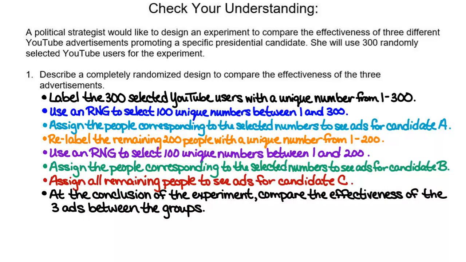At the conclusion of the experiment, whatever that happens to be, compare the effectiveness of the 3 ads between the groups. With the description they gave me up above, I don't know exactly what they're using to evaluate the effectiveness. Typically, we're going to be told what they're using to evaluate the effectiveness with, and we would want to talk about that here.